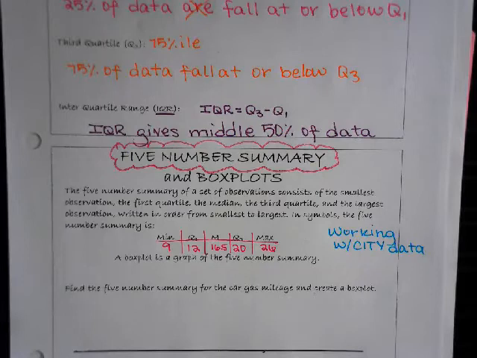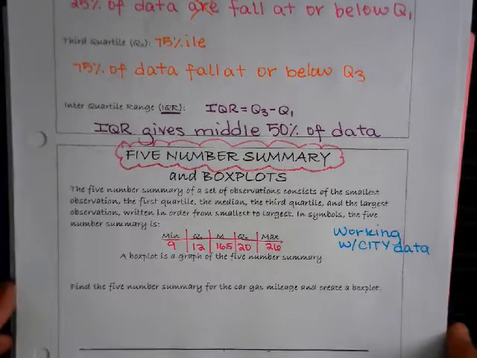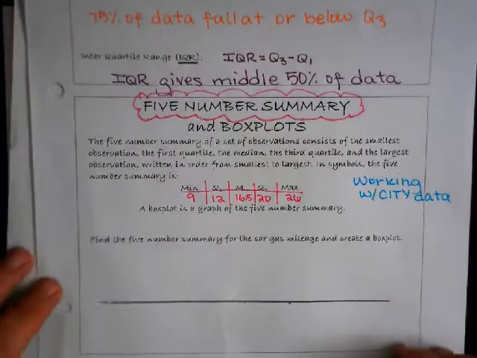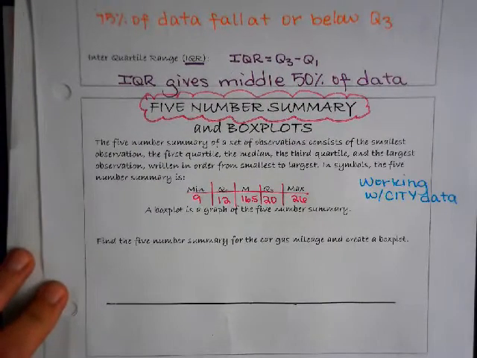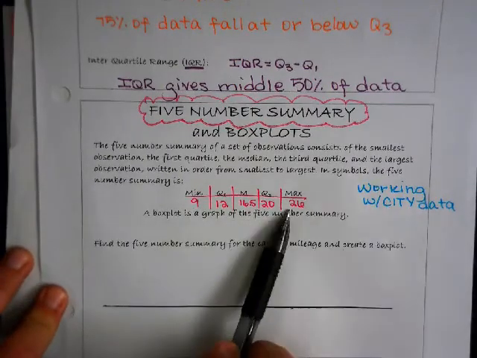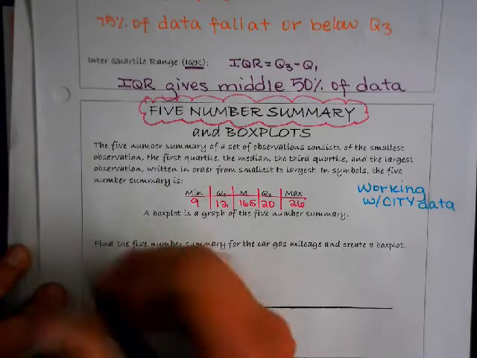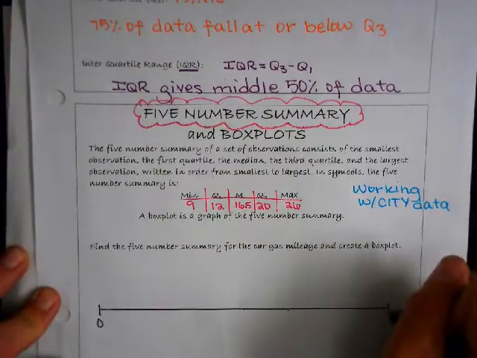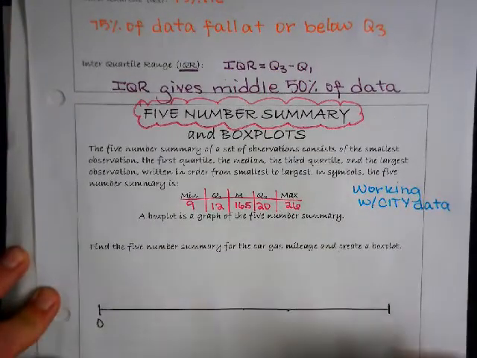When it comes to making number lines, you'll get quicker at it. I like to pick what I call pretty numbers. My minimum is 9 and my maximum is 26, so I'm going to go 0 to 30, because to me those are prettier than a number line that starts at 9 and ends at 26. Then 10 and 20 should break this number line into thirds.